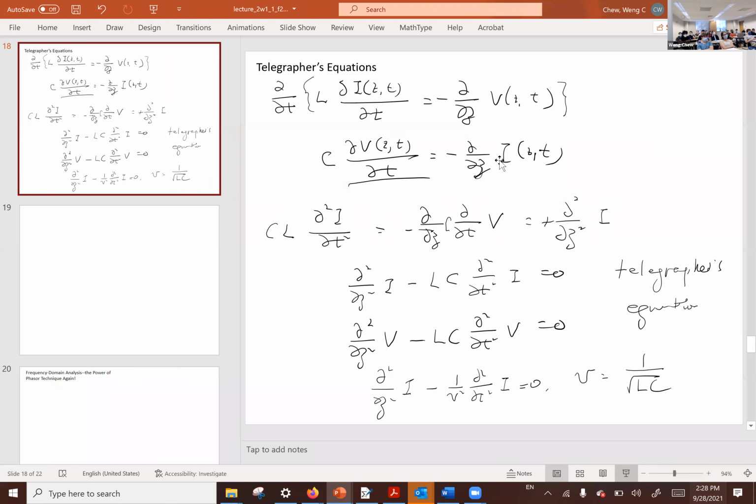Once you know the current, you know the voltage. They're coupled to each other, just like Maxwell's equations. Once you know the E field, you know the H field. Once you know the H field, you know the E field. Which means that E and H are related by a constant. Remember what the constant is? Impedance, very good. Usually we call that the intrinsic impedance of free space.